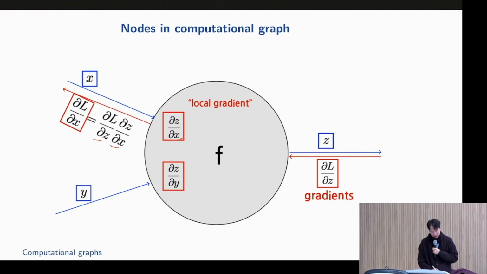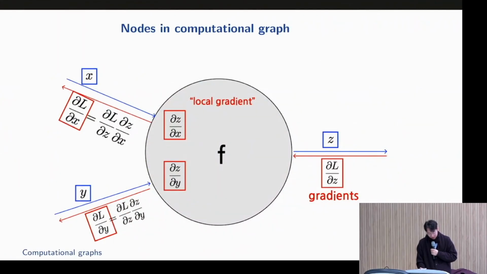That's going to be dL dx, and that's going to be passed to its predecessor as the upstream gradient. So the upstream gradient is always the gradient of the final output, which typically is a loss, with respect to the node's outputs. So that's how we're going to code this systematically, so that we don't have to do any analytic gradient computation.